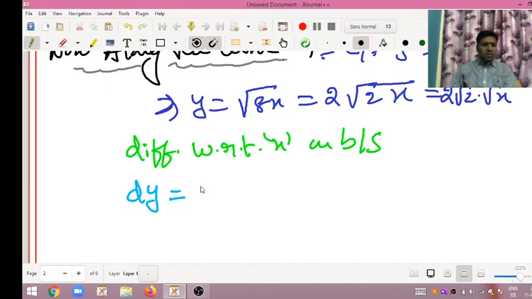Dy means 2 root 2 into differentiation of root x. What is the differentiation of root x? 1 by 2 root x, my dear friends.